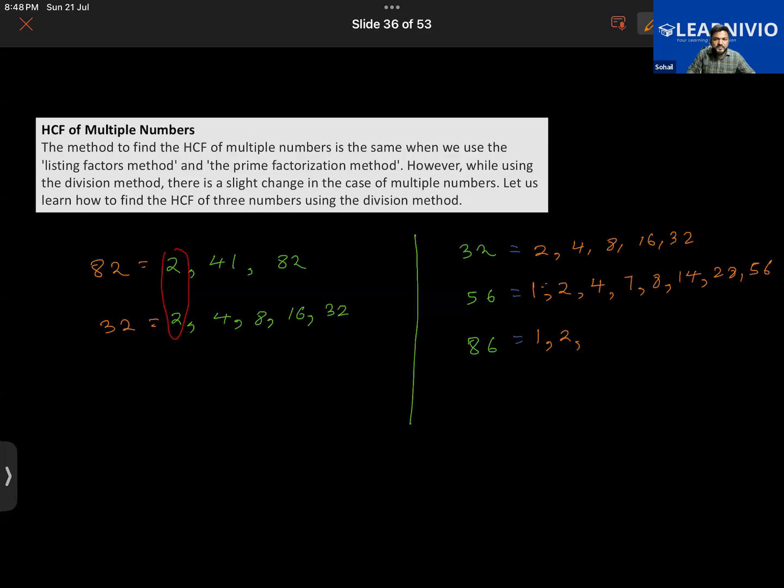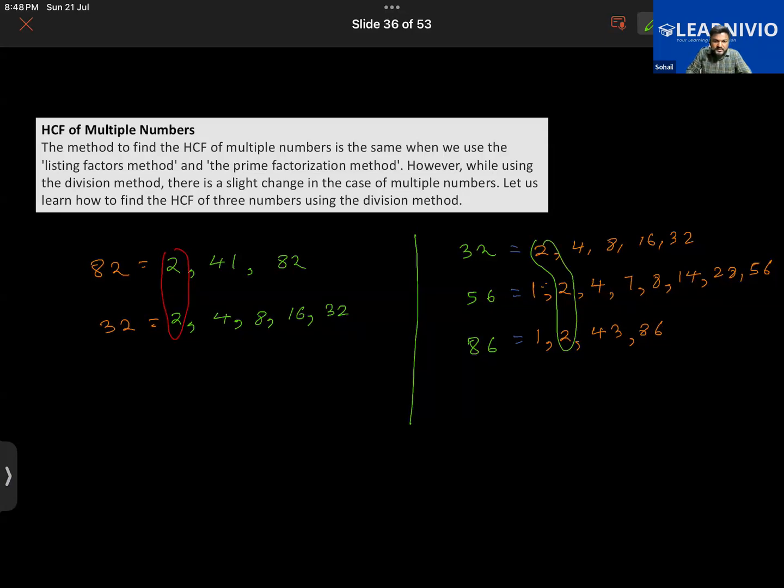No, 4 is not a factor; 4 does not completely divide this. After this, you have the number 43. This is the factor of 86 after 2. Then after this, the number itself, 86, is its factor. So here we find that it has only one common factor, that is 2. Is there any other common factor?